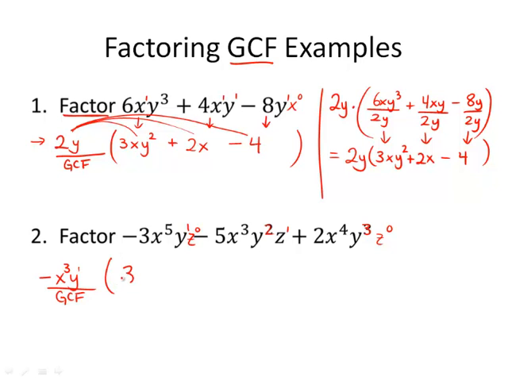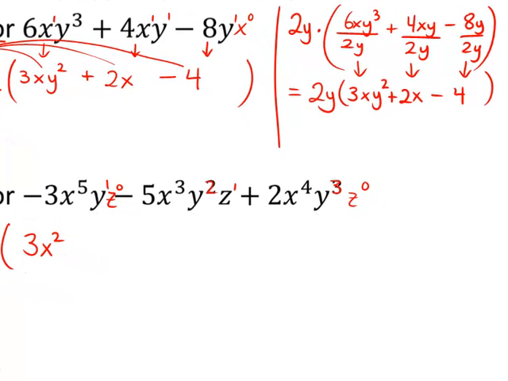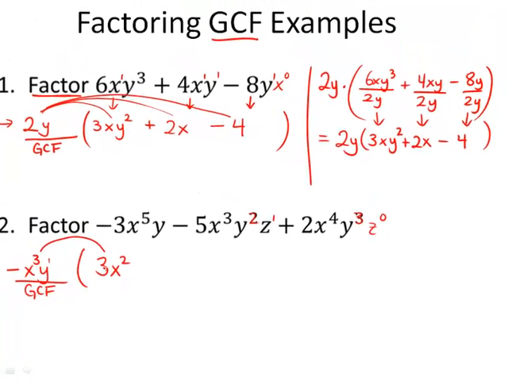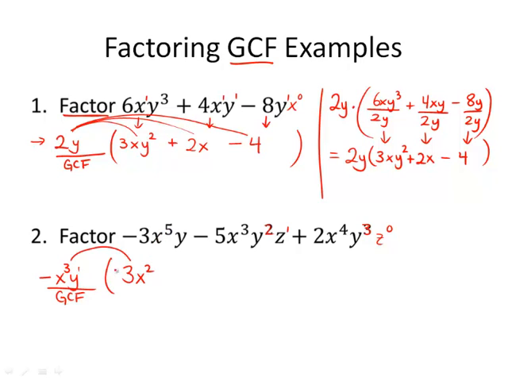Well, we need to multiply by 3x to the 2, and we already have a y. So let's just double check that here. X cubed times x squared gives us x to the 5, 1 times 3, negative 1 times 3 gives us negative 3, and y times no y's gives us a y.